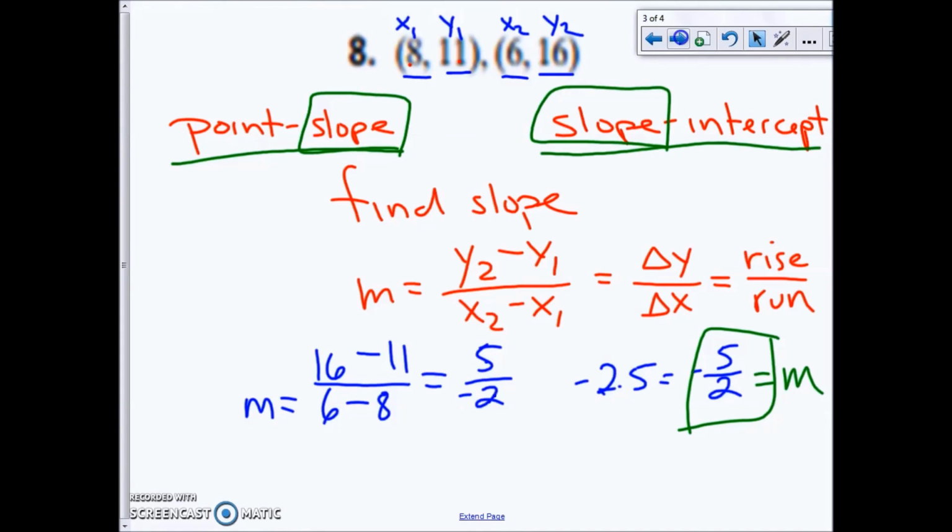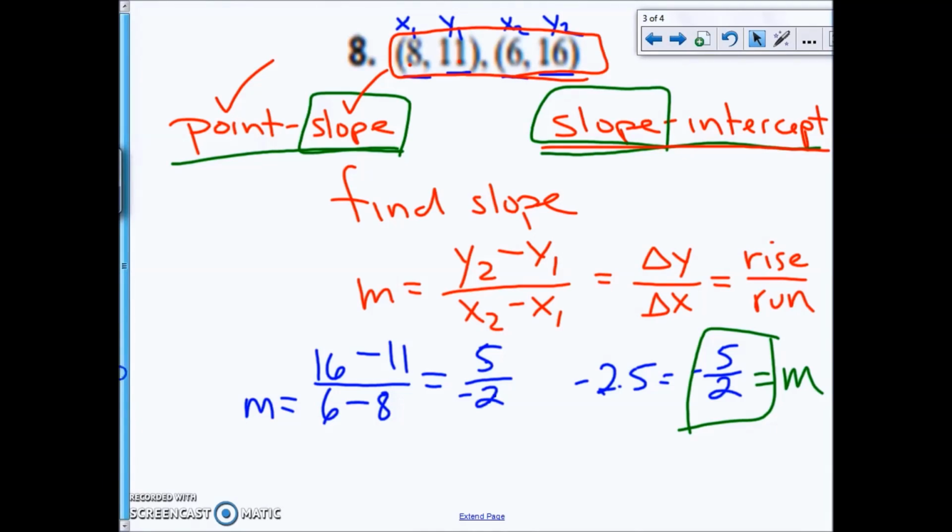Well, lucky for us, they gave us 2 to choose from. We need to just choose one of them and use it with the slope. And if you want to use slope-intercept form, that's fine, you can. You just need to find your b like we showed in the previous example.